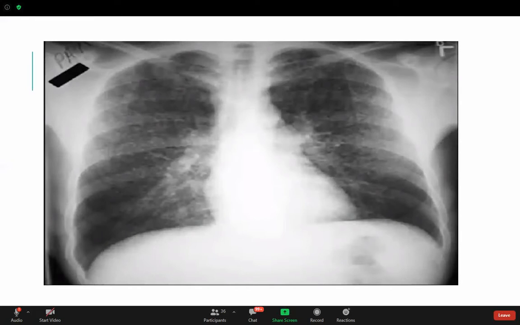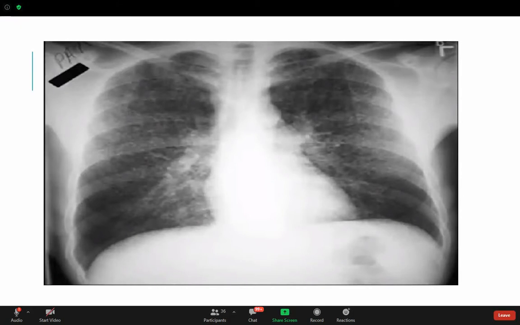Okay, mets for malignancy. Okay, good. What else?